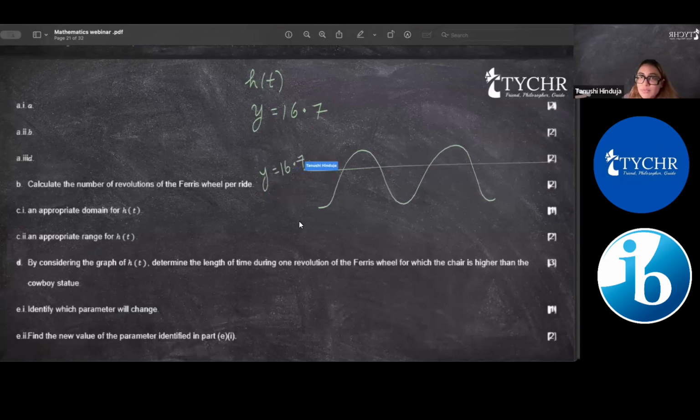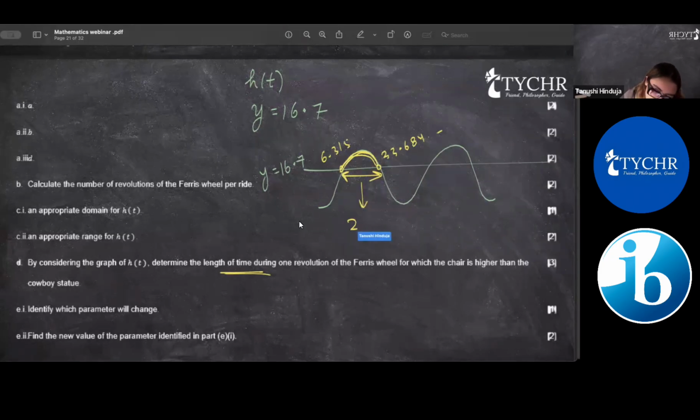And once you do that, you'll find the two intersection points, which will come out to be 6.315 something and 33.684 something. So to find the length of time for one revolution for which it's higher, that means it's in this interval, I just have to subtract these two values. That would get me the length of time, which will come out to be 27.4.